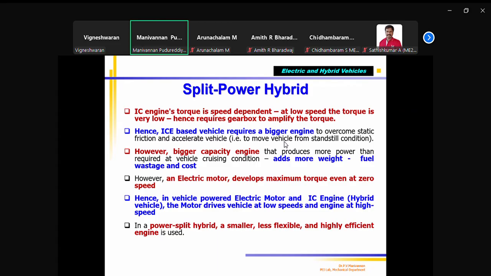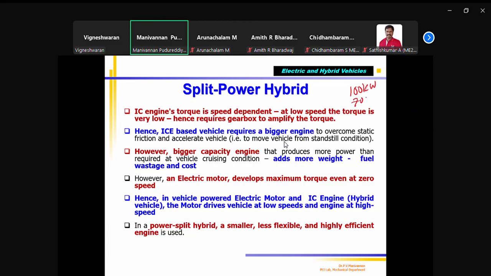Accordingly the fuel control and battery power supply to the motor are controlled. At low speed, the majority of power will come from your electric motor and battery, and the engine will still be there, because many times in this kind of vehicle, full power may not be available from one source. For example, I want 100 kilowatt total power requirement.